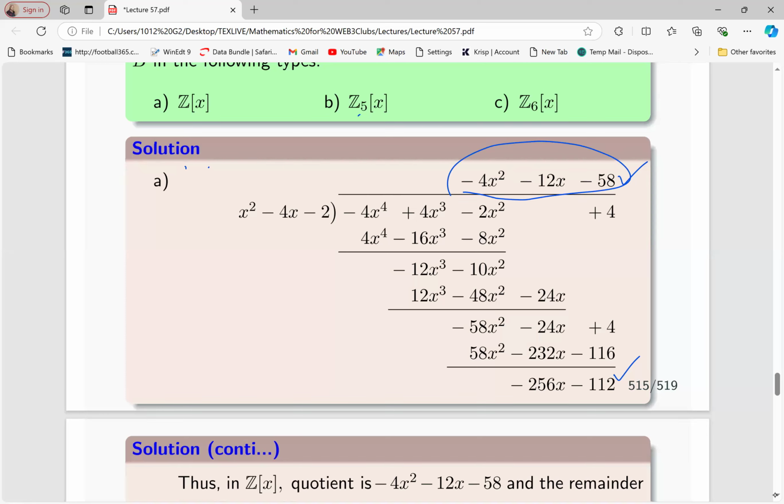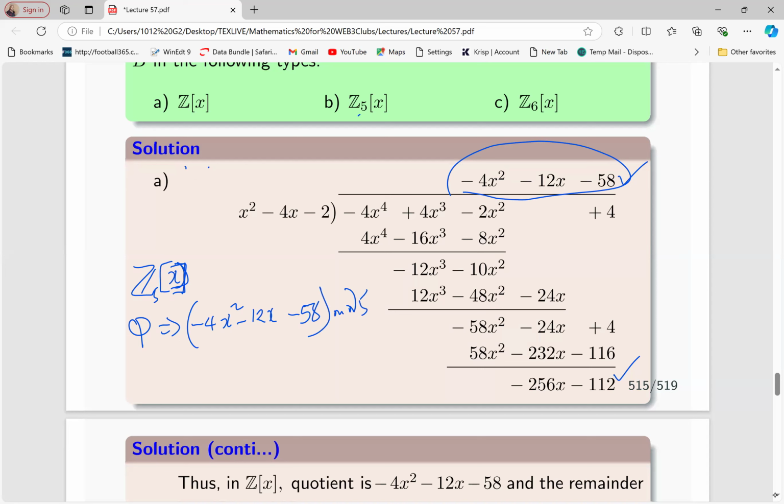So in Z of 5, Z mod 5, just take this quotient and reduce it. The quotient is negative 4x squared, negative 12x, negative 58. We are doing this mod 5.